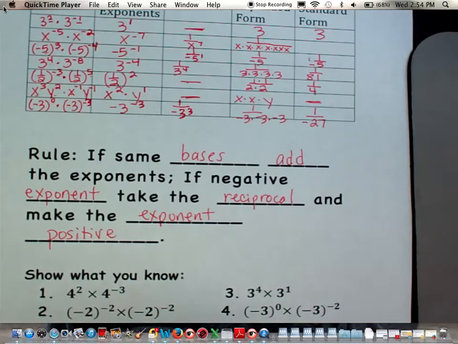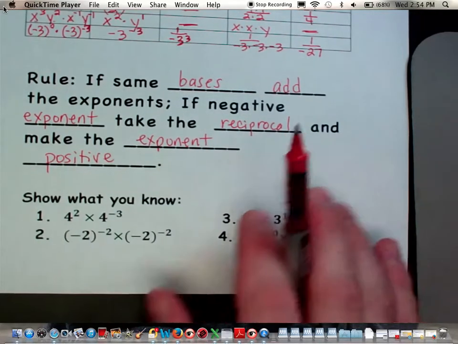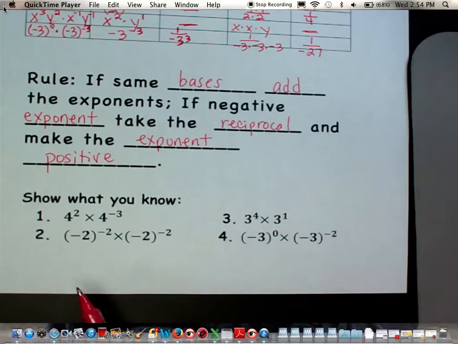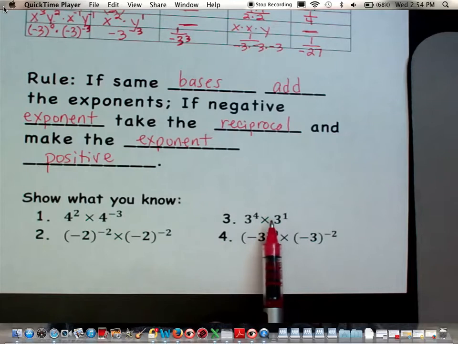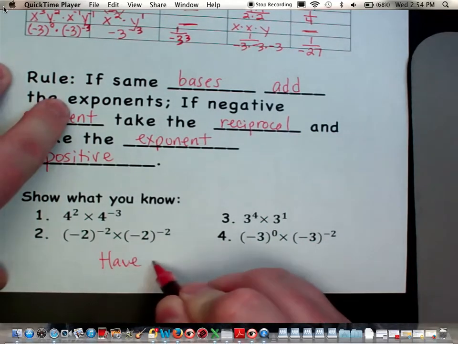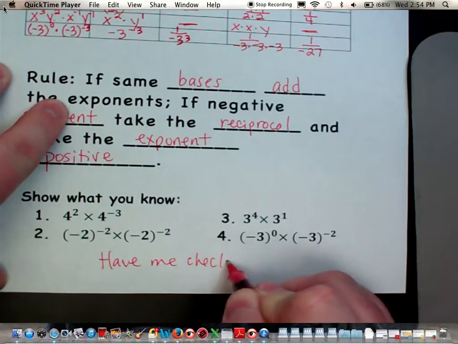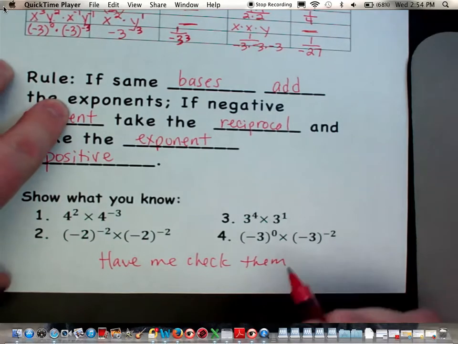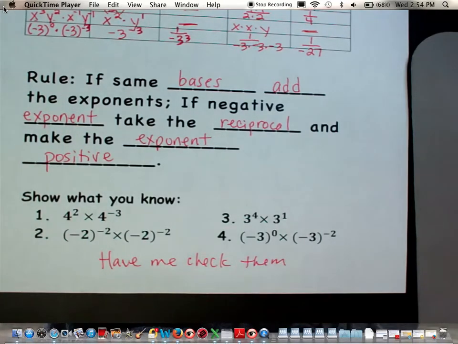Okay? What I want you guys to do now is, when you finish, raise your hand and ask for an organizer, and I want you to do numbers 1, 2, 3, and 4. And when you're finished, have me check them on your organizer, okay?